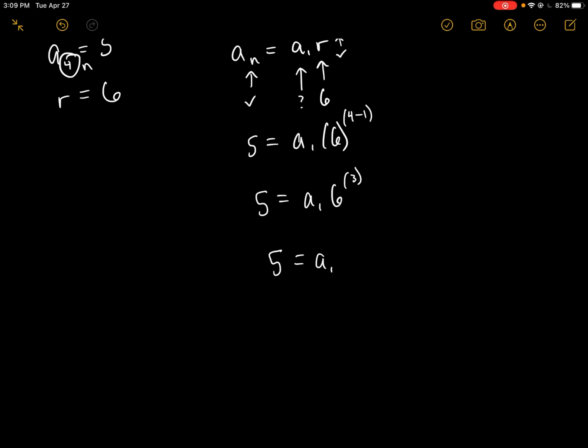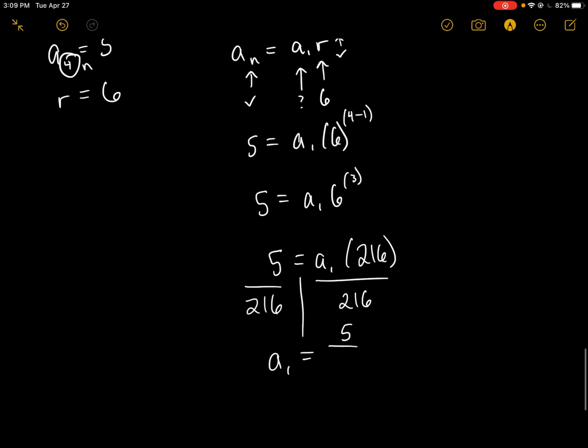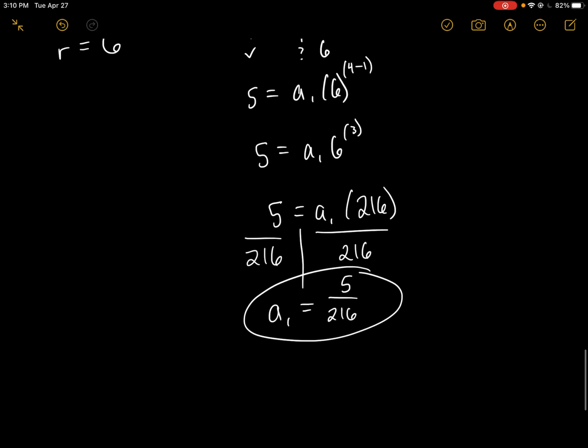Okay, so let's go through and do some PEMDAS. So 5 equals a subscript 1 times 6 to the third power. And 6 to the third is calculator time. 6 caret 3 is 216. So we have a subscript 1 times 216, so we divide by 216, and we get that our first term is 5 divided by 216.